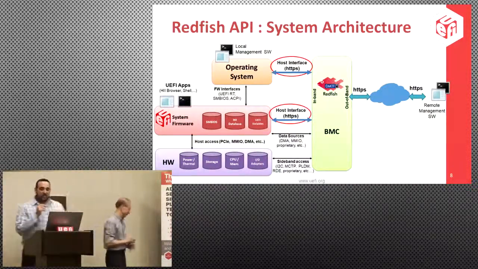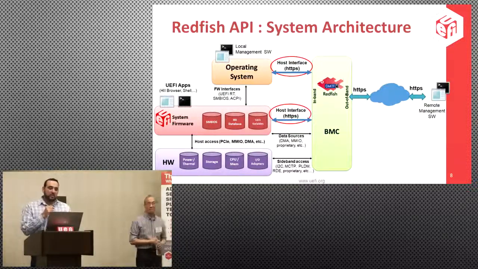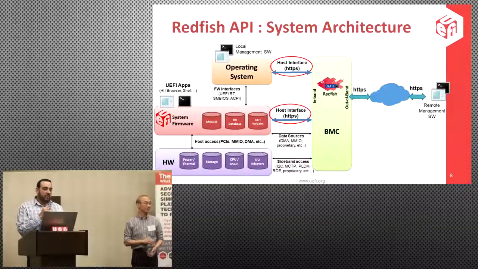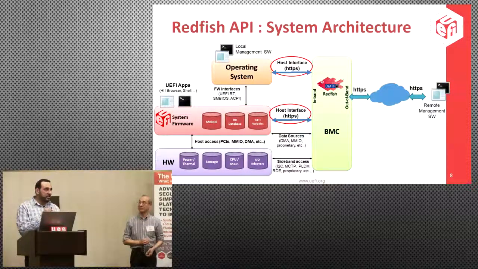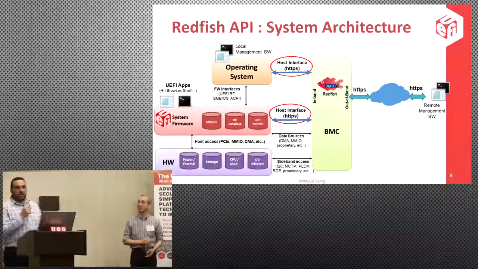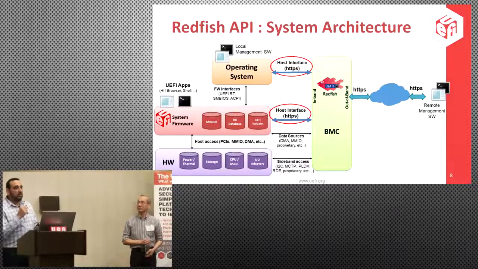Yeah, and to clarify where we are today, if you look at the pictures, the host interface requires TCP and HTTPS today. That's the Redfish host interface. MCTP as a host interface is still in use for lower level data transfer, right? So Jason mentioned PLDM and Redfish device enablement, which is a way for the I/O adapters to transport their configuration and their firmware payloads and update firmware directly to the BMC.